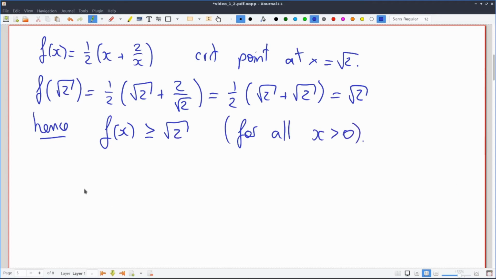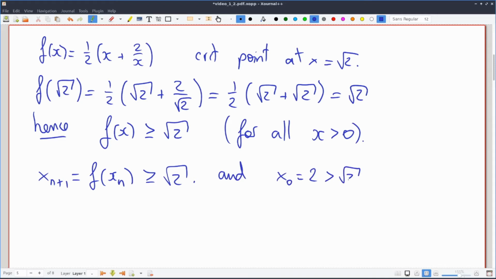Okay, so that's good. But then that means we had that x_{n+1} is this f of x_n, and by this, that means it's greater than or equal to root 2. And we have that x_0 is 2, which is greater than root 2.